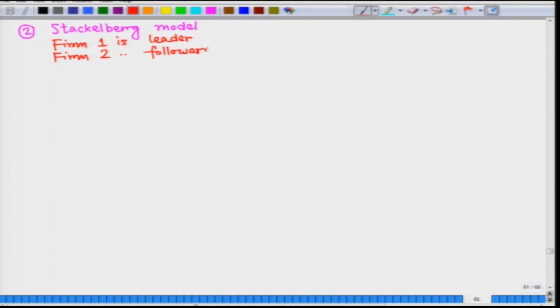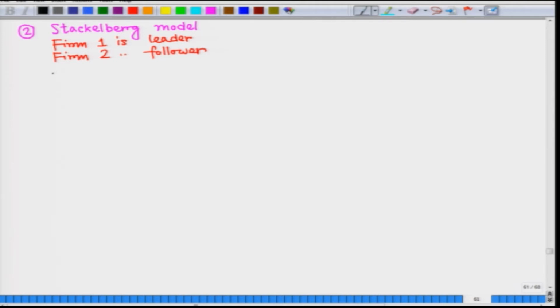Okay. So, we know that in that case, firm 1 actually knows the reaction function of firm 2 as it is the leader in the market.